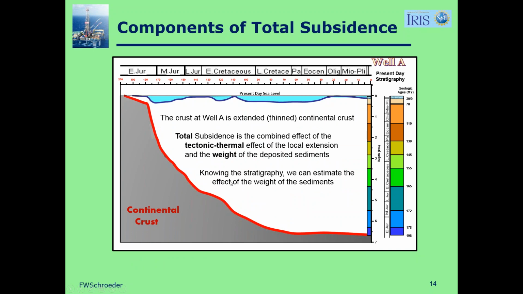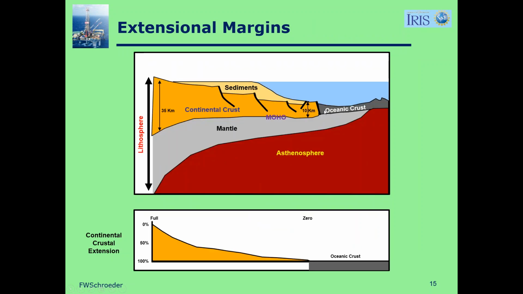So if we are in a divergent, pull-apart Atlantic type of margin, we can do some extra things with the geohistory. Here is the total subsidence in red. Here's the sea floor in the darker blue. And this total subsidence is due to two main factors. One is the weight of the sediment, and the other is the tectonic and thermal forces that have been applied to this particular location.